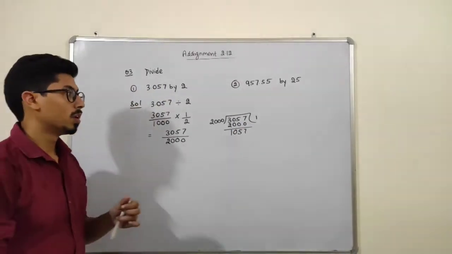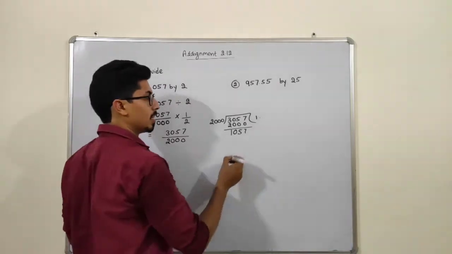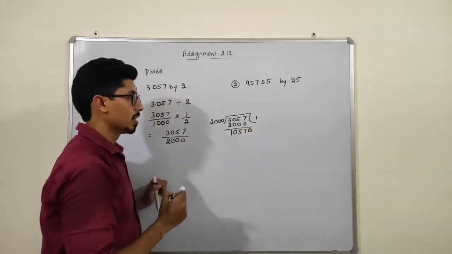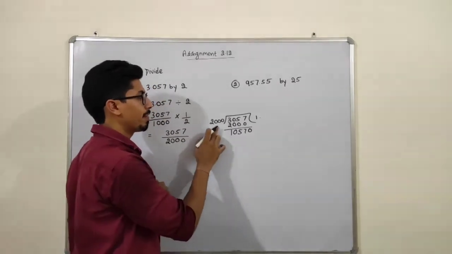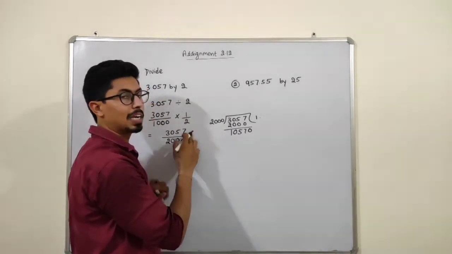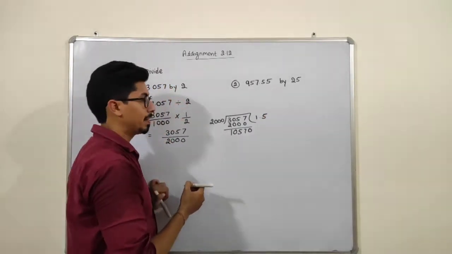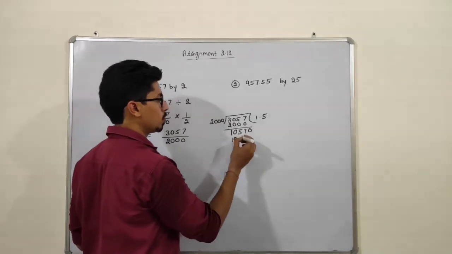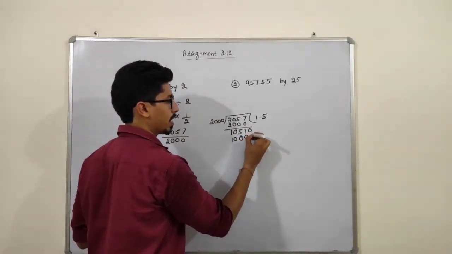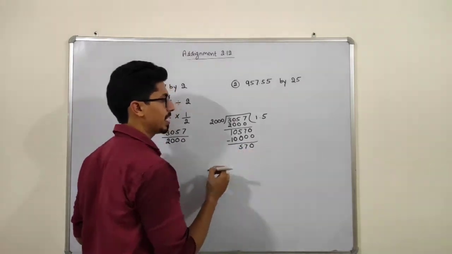Now put a decimal here and a 0 here, student. Putting the decimal, we put a 0 here. Now if I multiply this number by 5, it will be 10 and 3 more zeros. Now if I subtract them, it will be 570.